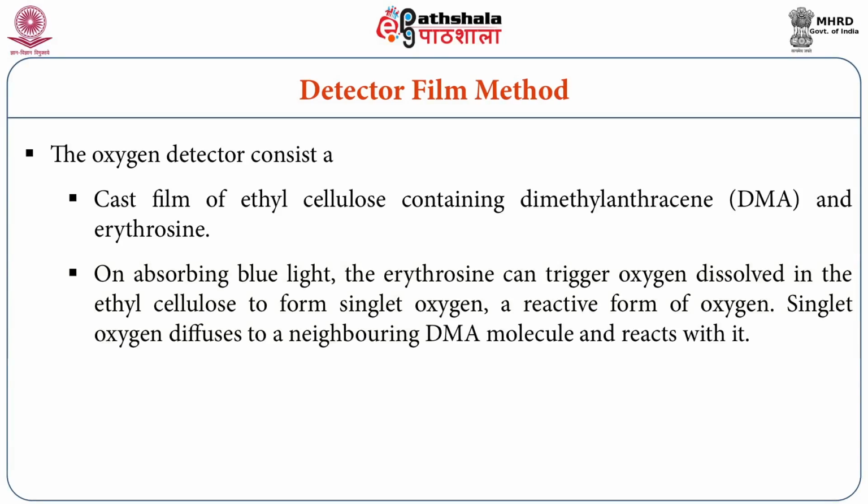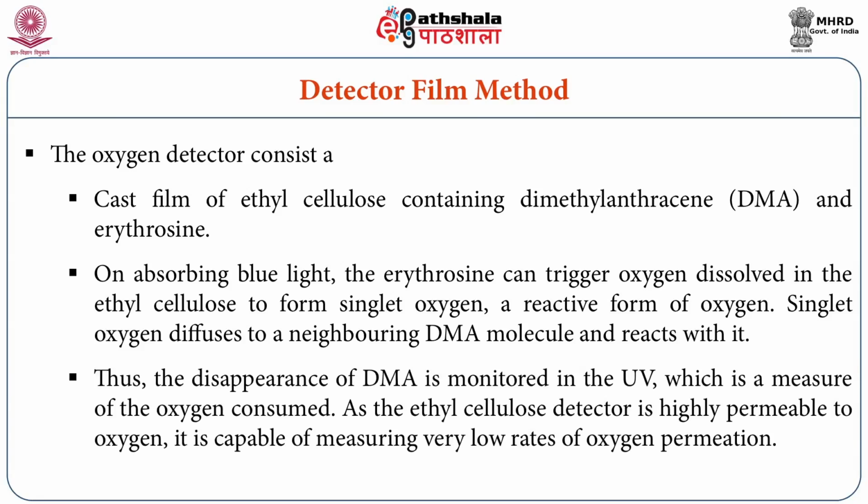On absorbing blue light, the erythrosine can trigger oxygen dissolved in the ethyl cellulose to form singlet oxygen, a reactive form of oxygen. Singlet oxygen diffuses to a neighboring DMA molecule and reacts with it.